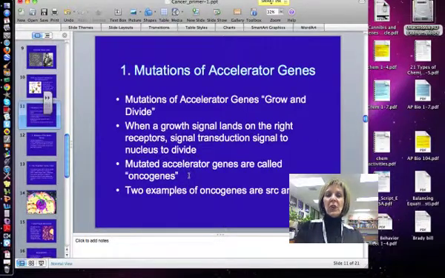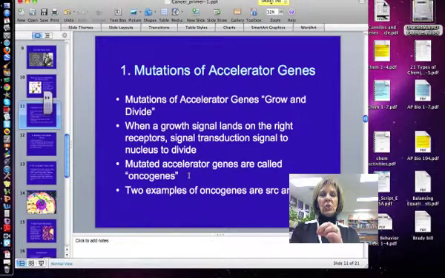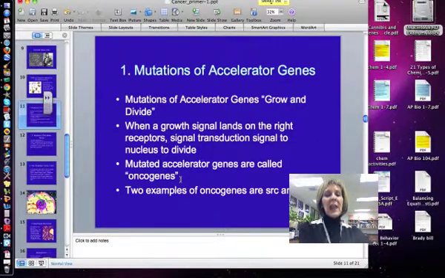Mutated accelerator genes are called oncogenes, okay? So normal accelerator genes are proto-oncogenes, but mutated accelerator genes are called oncogenes, and these can lead to cancer. 2 examples of oncogenes are SRC and RAS.